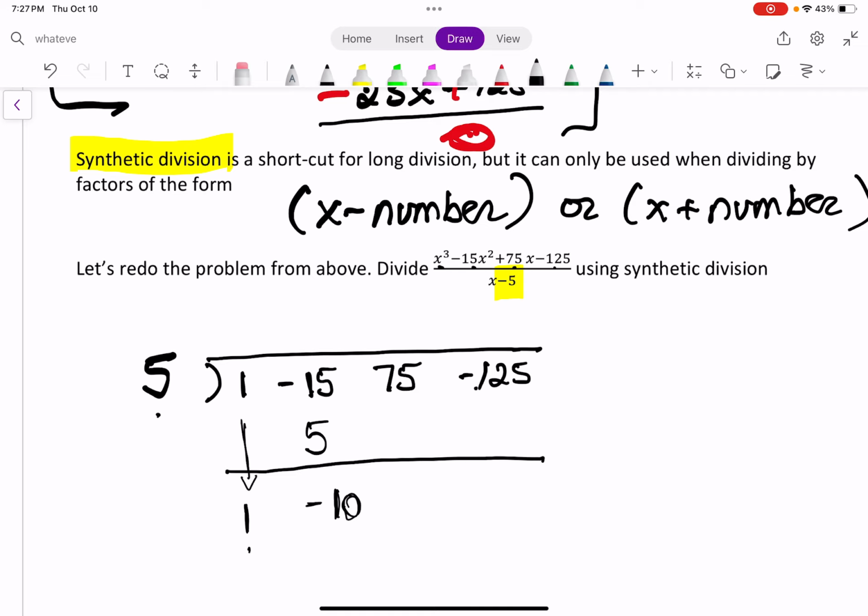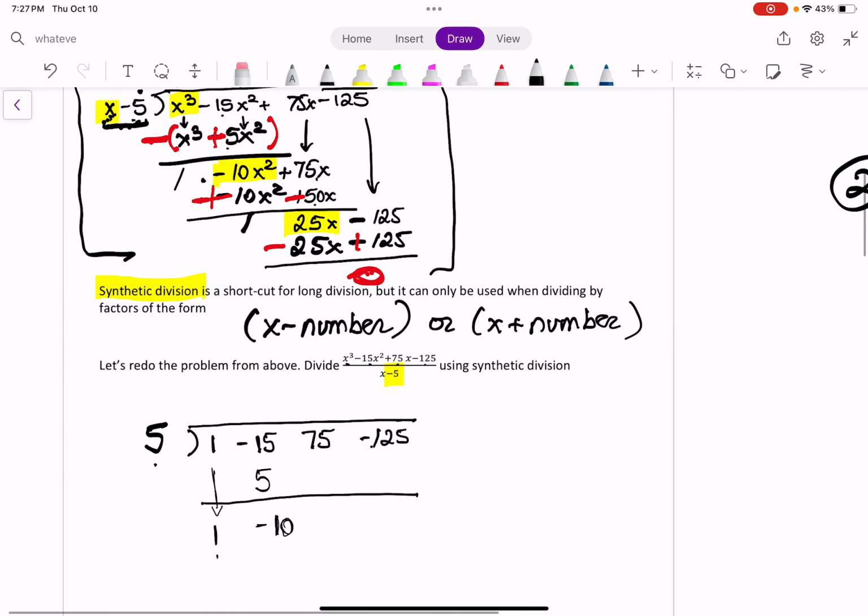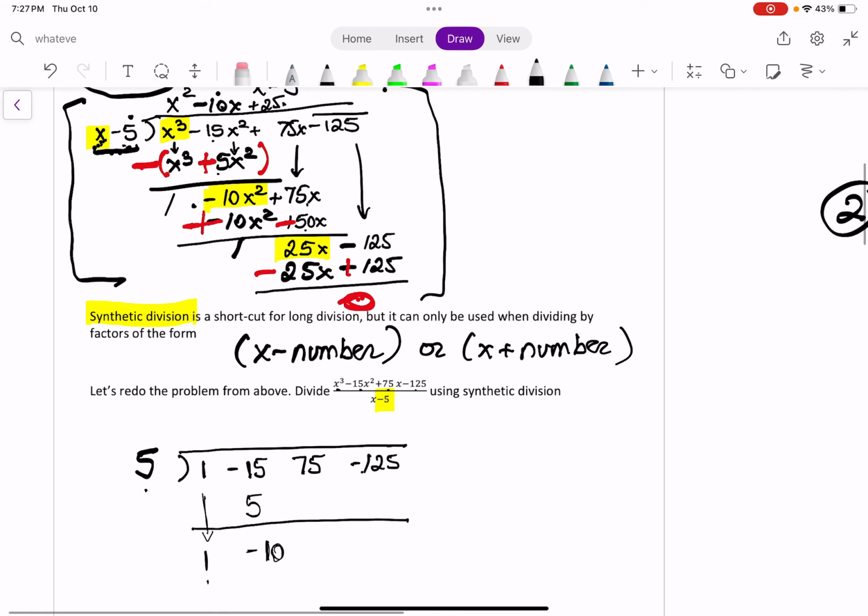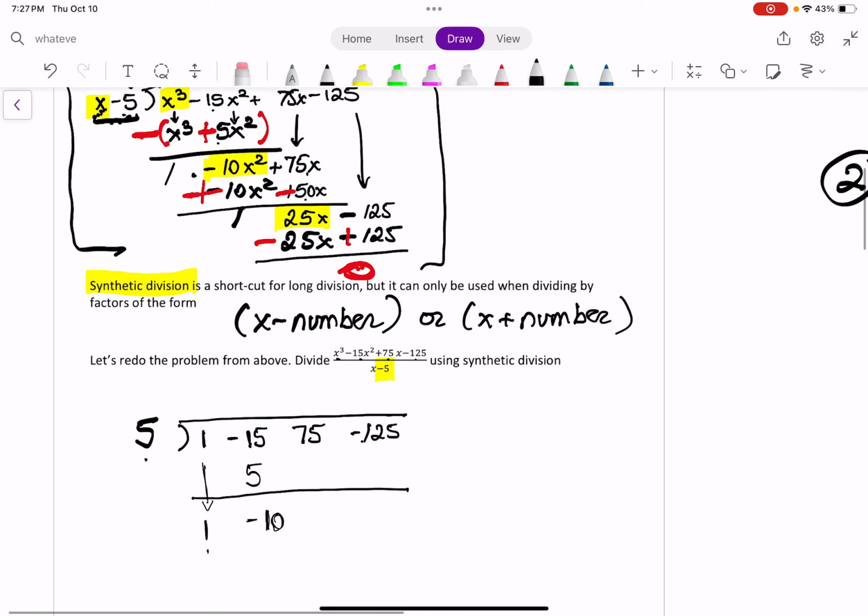And so I just want you to look a little bit up above and see that that's exactly what we had. We had a negative 15 added to a positive 5 that gave me the negative 10. Okay. Then redo the problem. Take now the negative 10, multiply it by 5, and write it in the next space over. That's negative 50. And add up the two numbers.